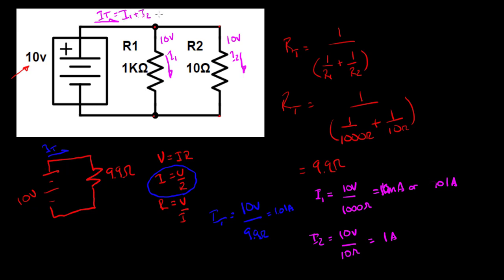What you can see is that again equals 1.01 amperes when I add those up. So I did this two different ways. I found IT, 1.01 amps, by finding the equivalent resistance and the total voltage. I also found IT by looking at the individual branches. If you can do those two methods, you can solve all of these parallel equations.